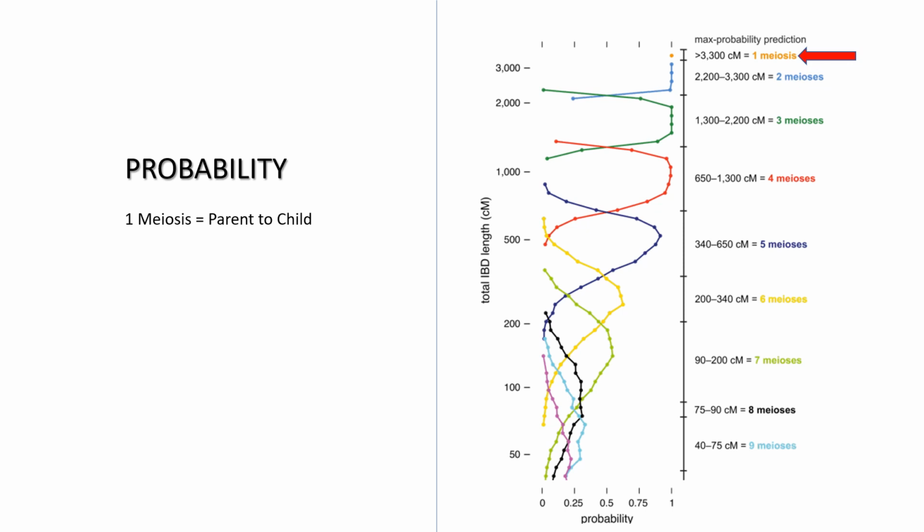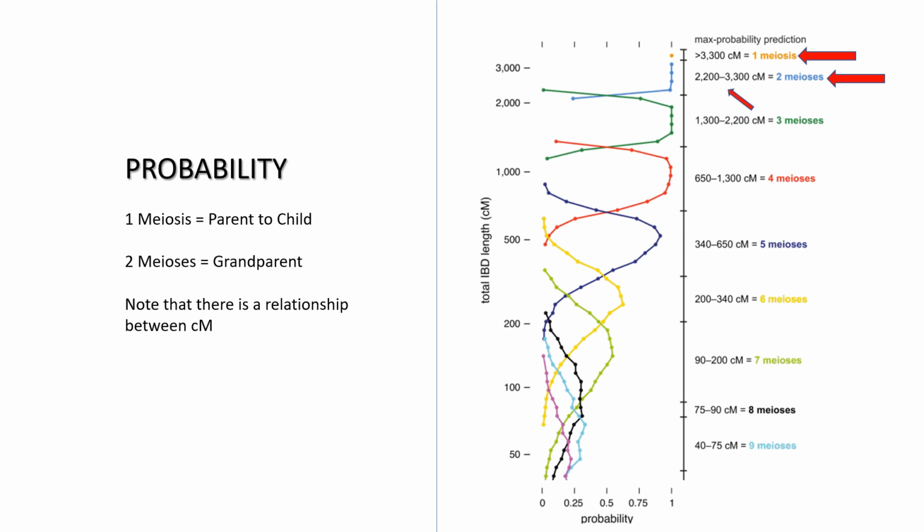If you take a look here, you'll see one meiosis, and then 3,300 centimorgans equals one meiosis. Then you'll see in the next one, two meioses. And in relation to that, you'll also see that the centimorgans are a certain number as well.